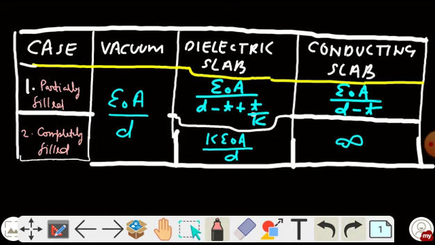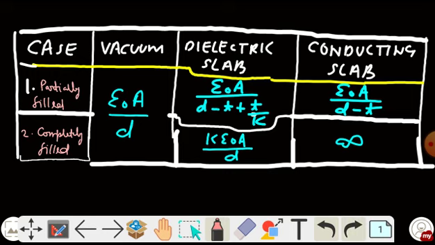When there is a dielectric slab which partially fills the gap, the formula is epsilon naught A upon D minus P plus P by K, which we derived today.